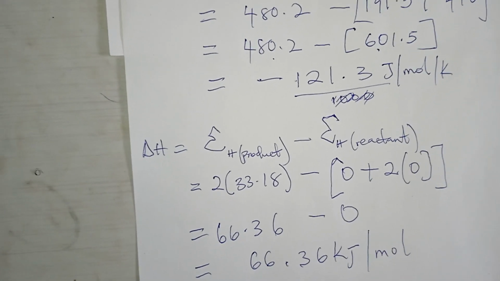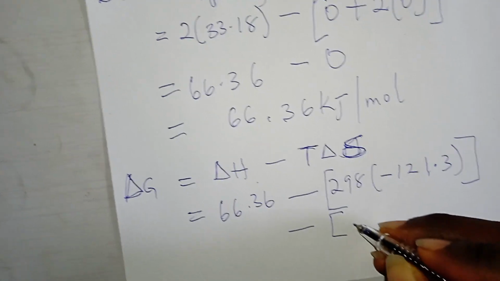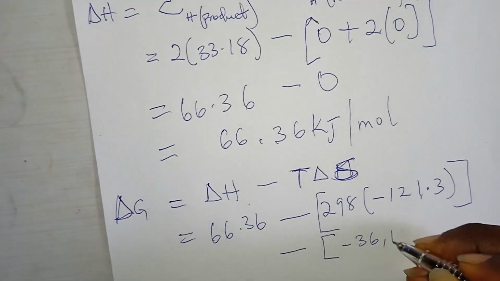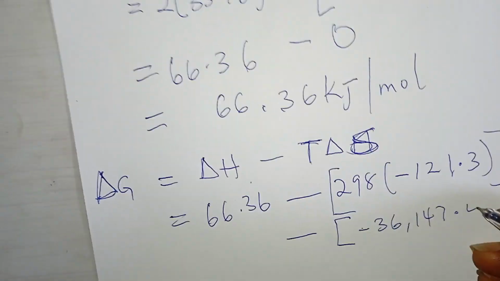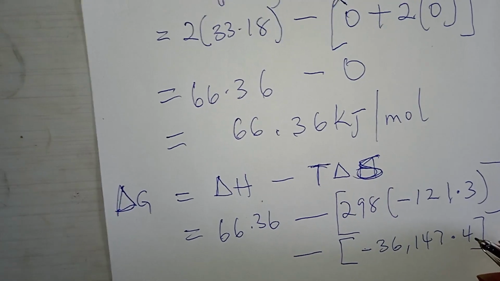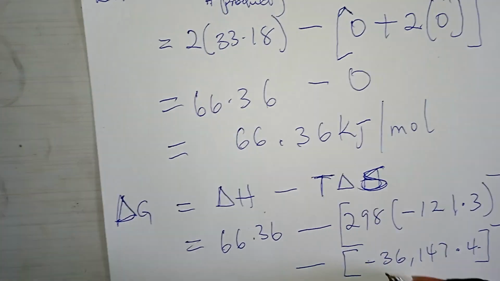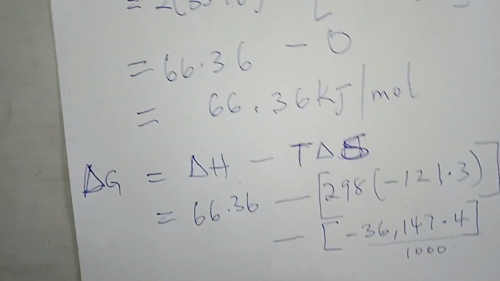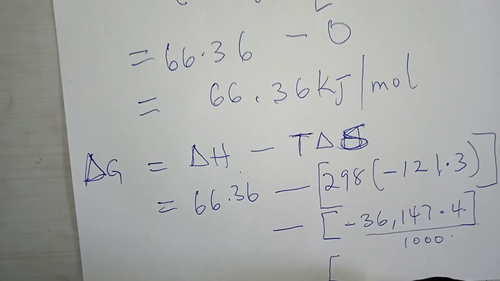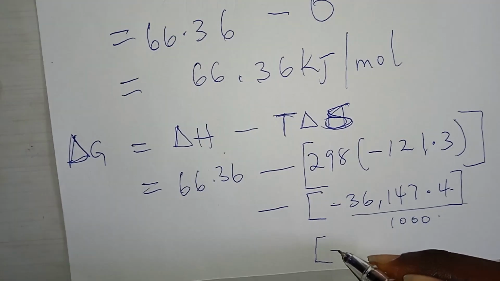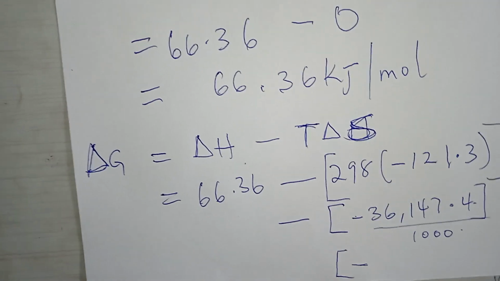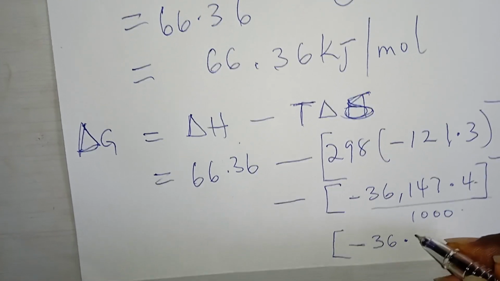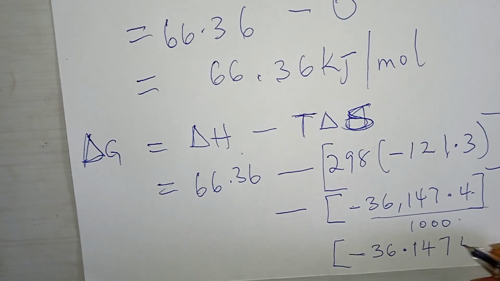When you multiply this, you'll be getting minus 36,147.4. So it's at this junction that we divide by 1000. When you divide this by 1000, you get minus 36.1474.